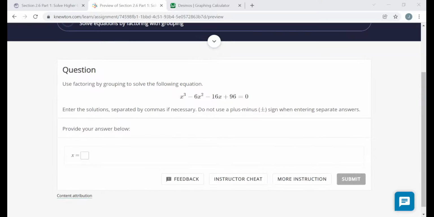Alright, so back here, they're not asking you to enter the x equals. Don't use any plus or minus signs, because I know positive 4 and negative 4 are solutions. So that means you could enter plus or minus 4.